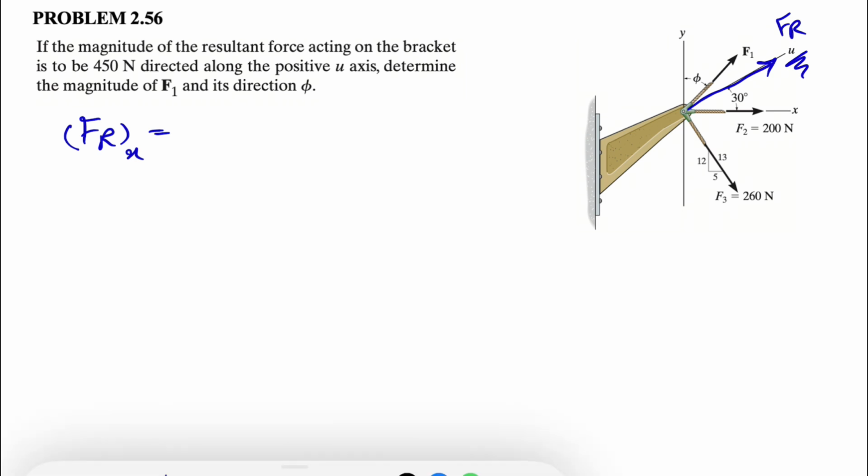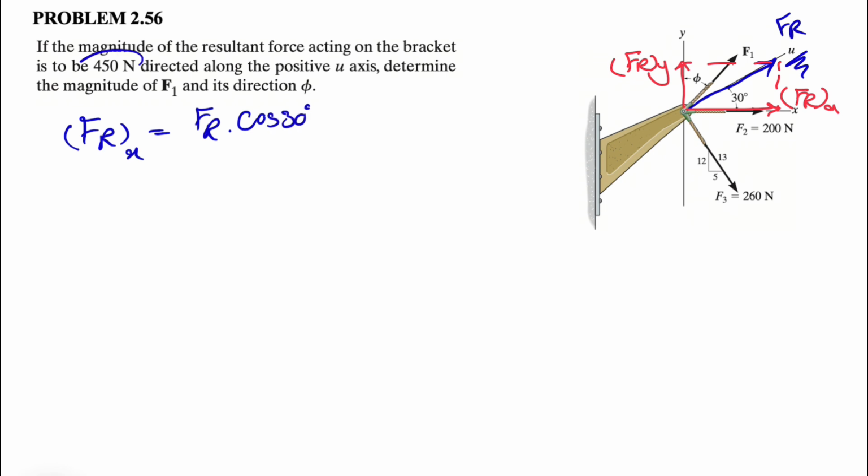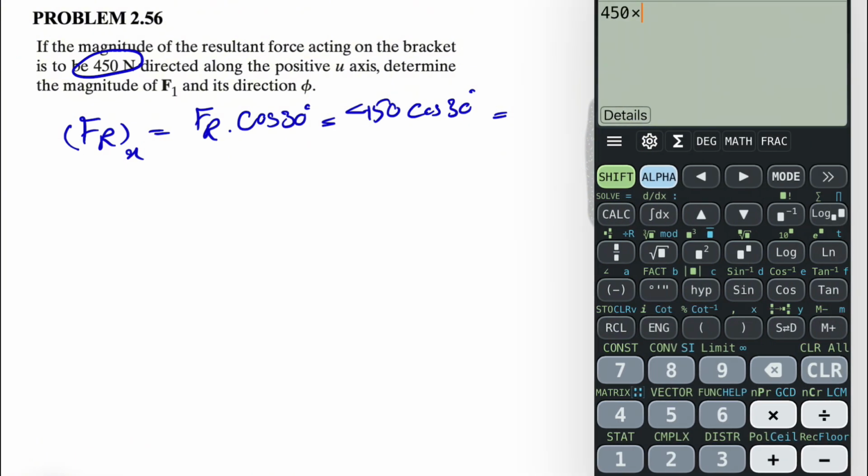I'm going to show the x and y components of Fr. This will be Frx and this will be Fry. So Frx would be Fr times cosine of 30 degrees. We know Fr from the question is 450 newtons. So 450 times cosine of 30 degrees gives us 389.71.